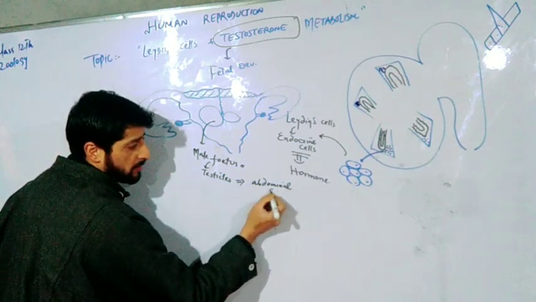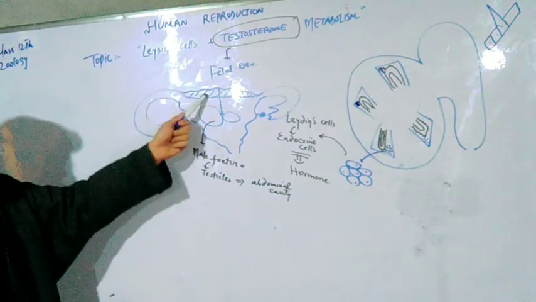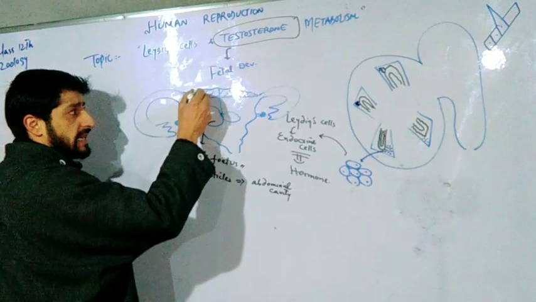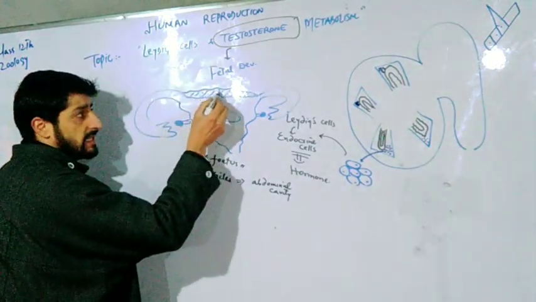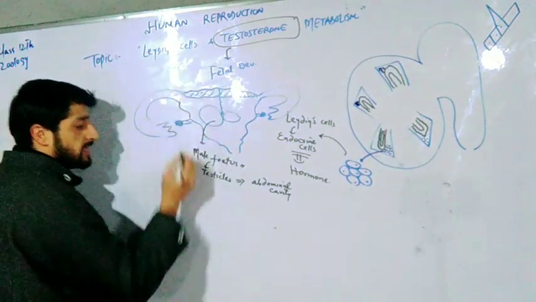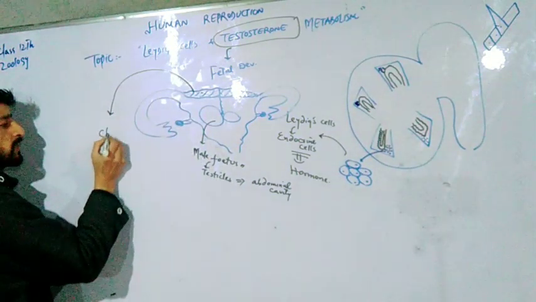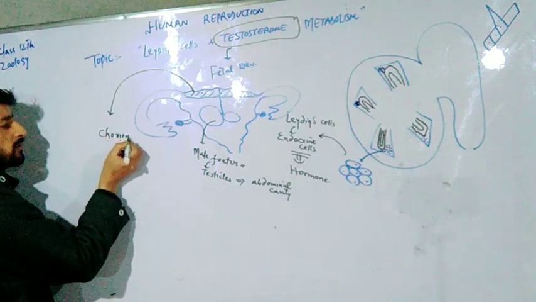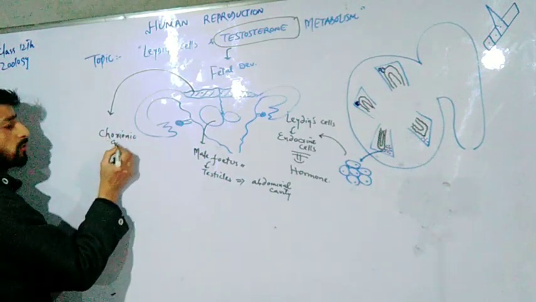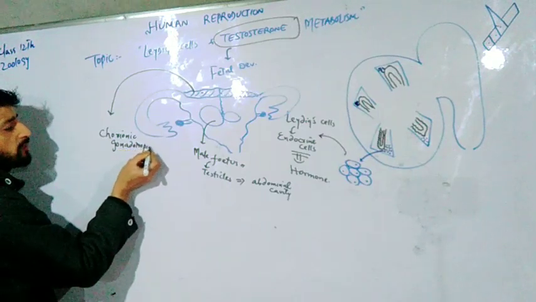Now, the placenta acts as an endocrine structure. The placenta has a role of endocrine function. This placenta produces a special hormone. That hormone is known as chorionic gonadotropin. It's a hormone from the placenta.